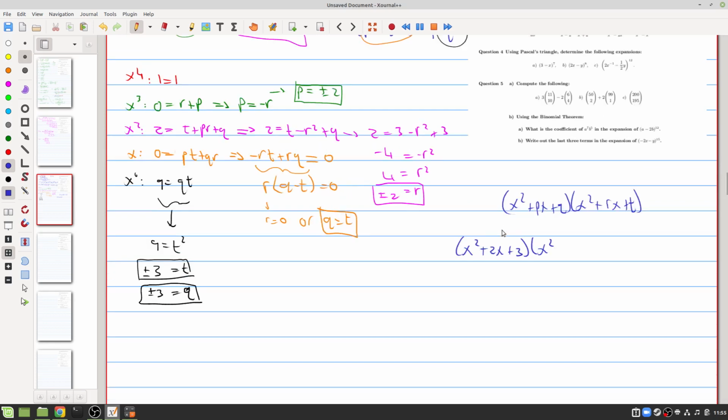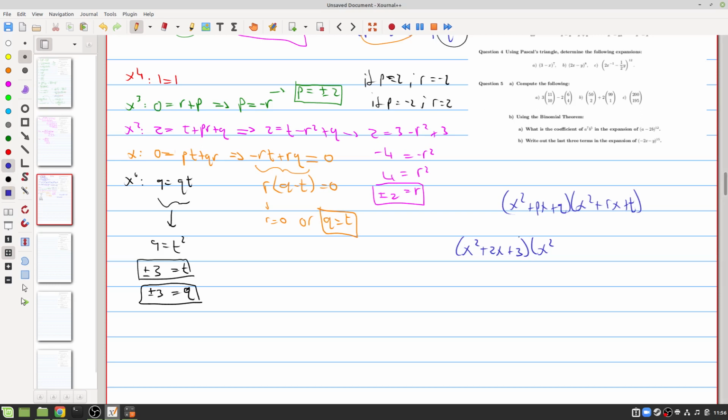But if we chose p to be 2, let's just do this. So if p equals 2, then r equals negative 2, and the other way around as well. If p equals negative 2, then r equals 2, right? Because one is the opposite of the other one. All right.